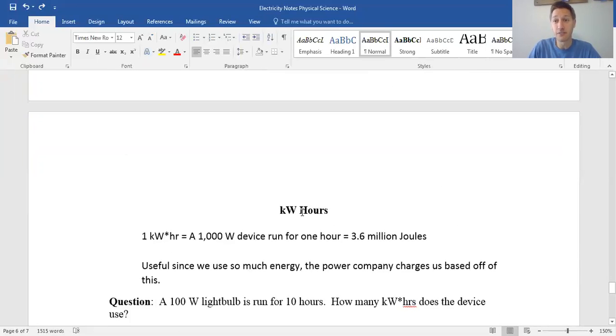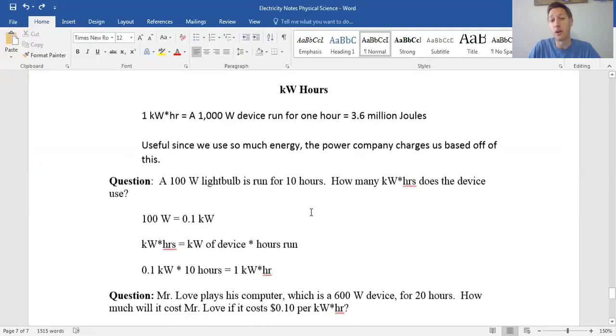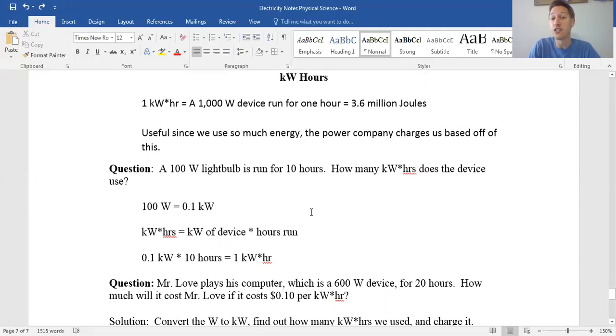Now, the next thing for us is the kilowatt hour, which is actually a unit of energy used, because most people use a lot of energy every single day. So even like a 60 watt light bulb is going to use a lot of energy. So quick math says, what if you have a 60 watt light bulb on for 1 minute? How much energy?